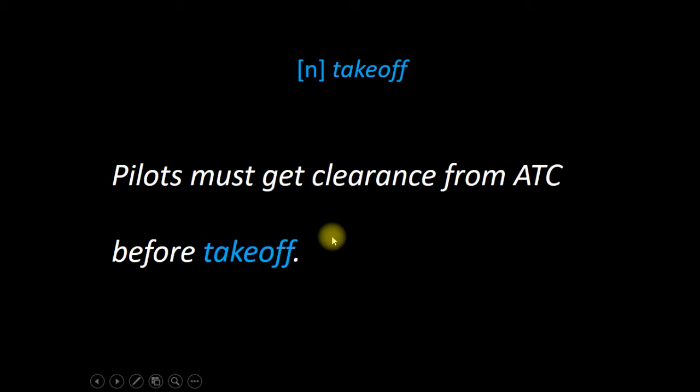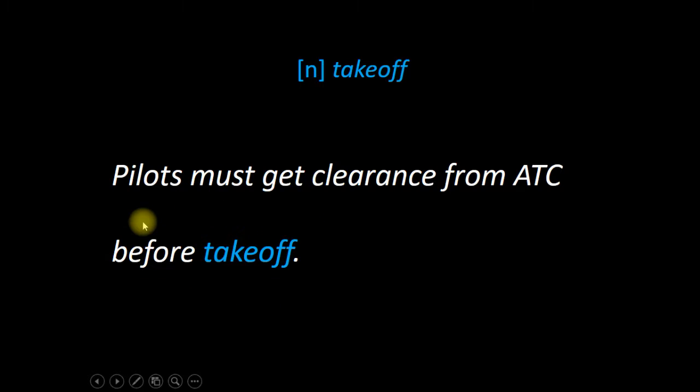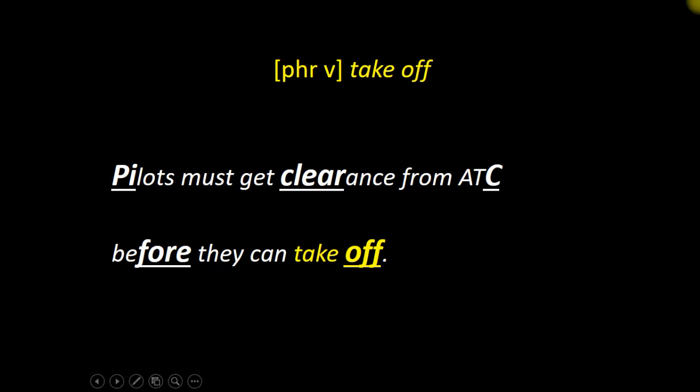Whereas here, it's just a noun, because here we have the preposition before, so we've got before takeoff. So the thing to notice is that the stress is different. If we're referring to a noun, it's takeoff, but if we're referring to it as a phrasal verb, take off. You see the difference.